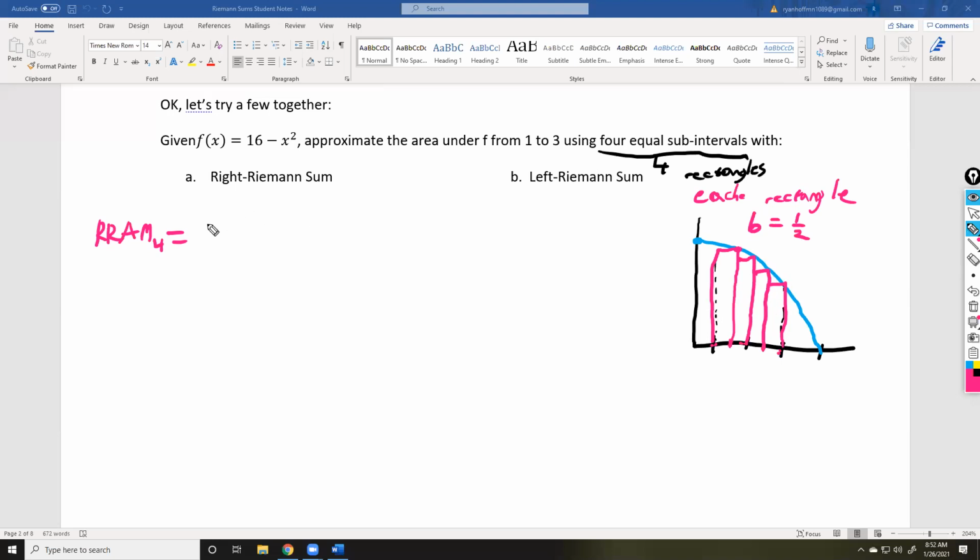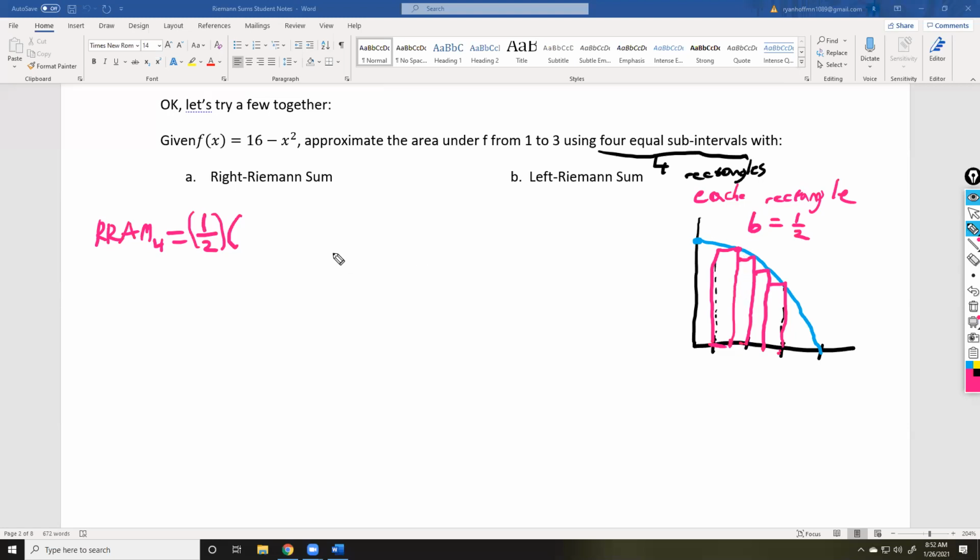So each rectangle has an area base times height. So our base is always 1/2 for each of these. That's our kind of width of the x-coordinate. Times our height here. Remember, we chose our rightmost endpoint.